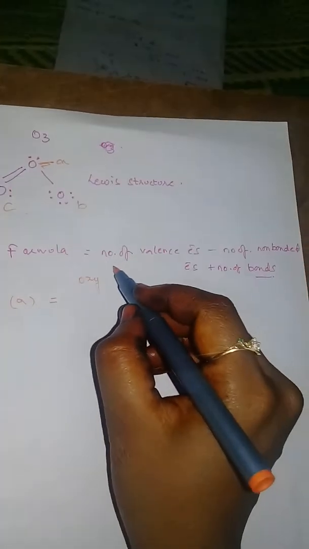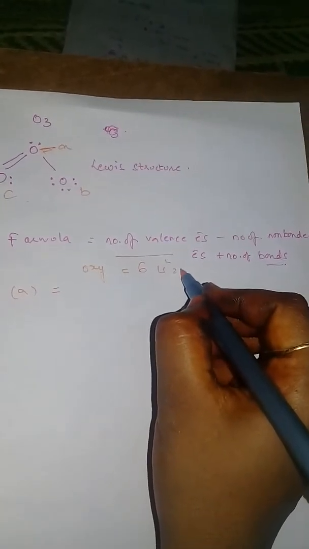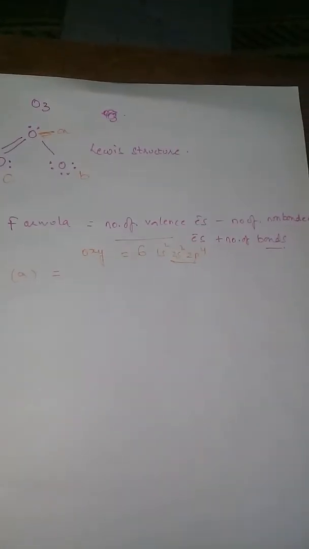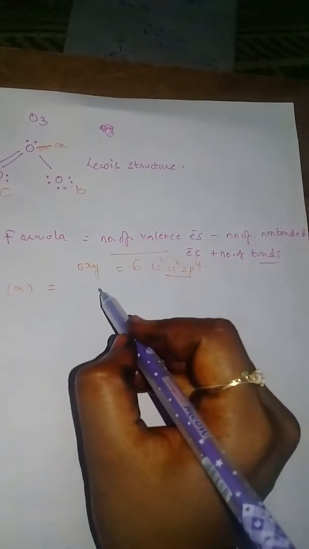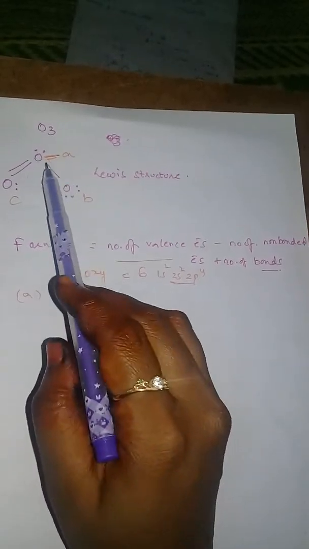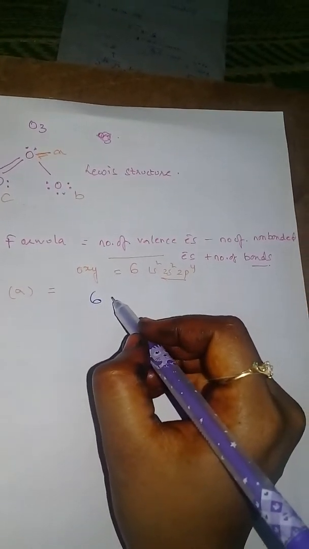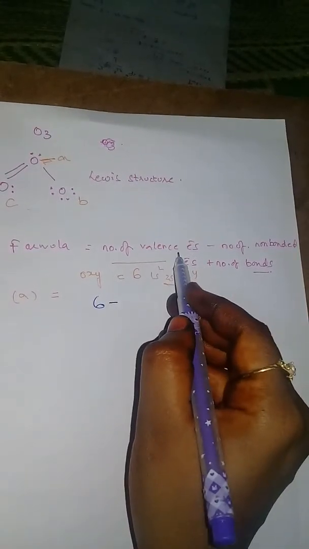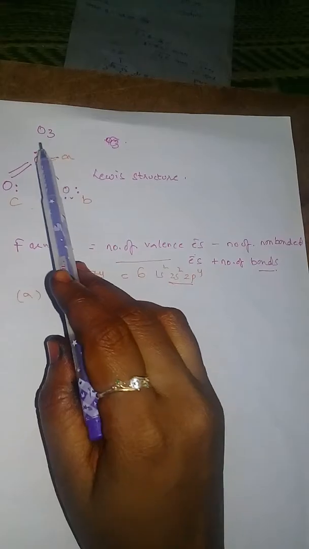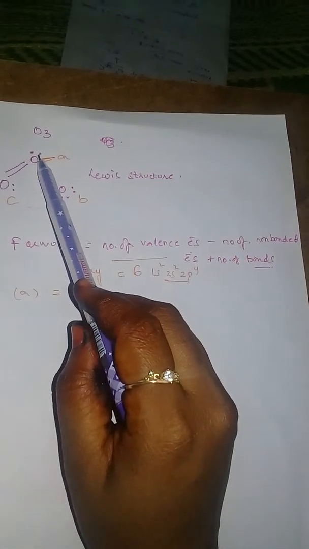Oxygen has 6 valence electrons: 1s2, 2s2, 2p4. What is the oxygen valency? Oxygen valency is 6, 6 valence electrons. For atom A: number of valence electrons 6 minus number of non-bonded electrons. Non-bonded electrons are also called lone pair electrons.